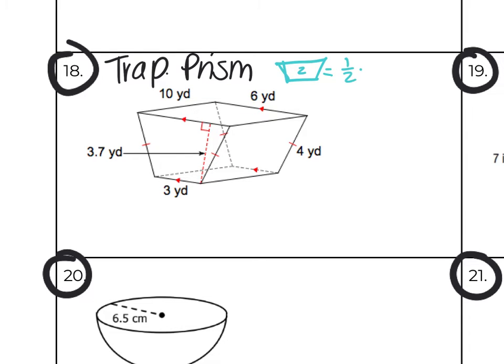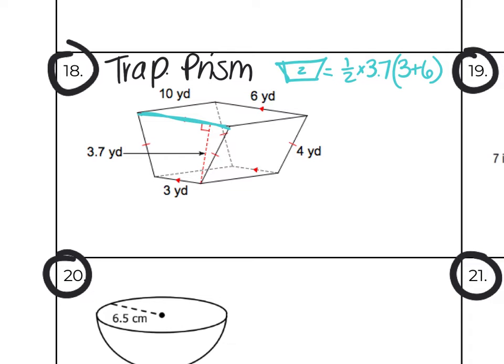I should see everyone writing. Corbin, what's the height of that trapezoid? Good. Jake, what is one of the bases? 3. Okay, what's the top base going to be? 6. Okay, so you'll type that in, and then you can also do it times 2 since we have the one on the front and the one on the back.